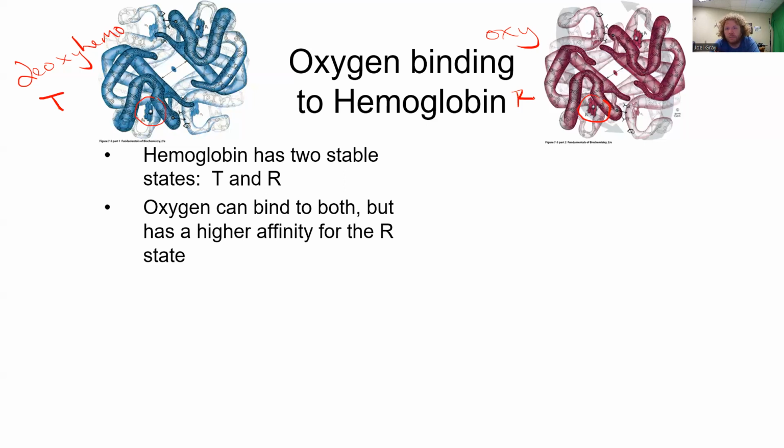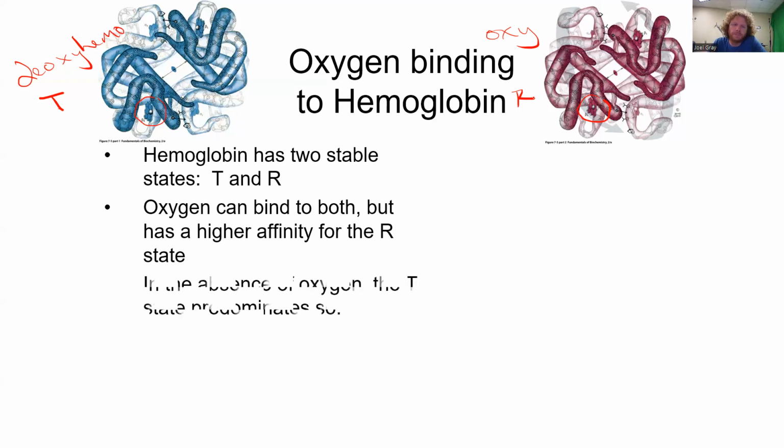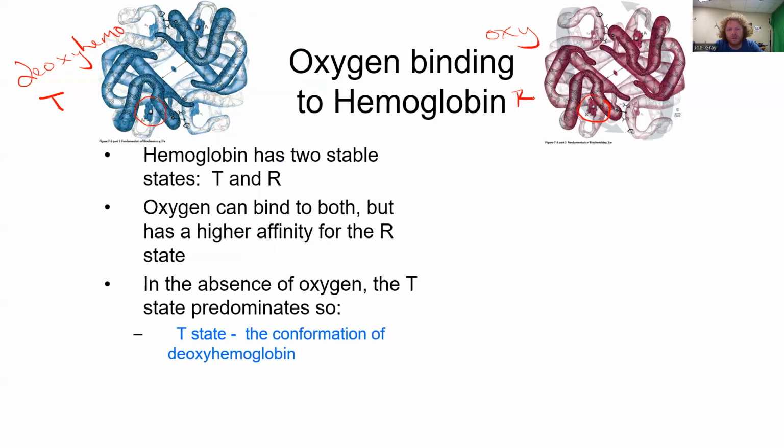Whereas the R state, the one that already has some oxygen, is almost like, I feel like there's an analogy for a rich person or something like that. The R state has oxygen already, but it wants to bind more and hold on to it. Whereas the T state version, take it or leave it. The absence of oxygen in the T state is going to predominate. So the T state is the conformation of deoxyhemoglobin, and the R state is the conformation of oxyhemoglobin.